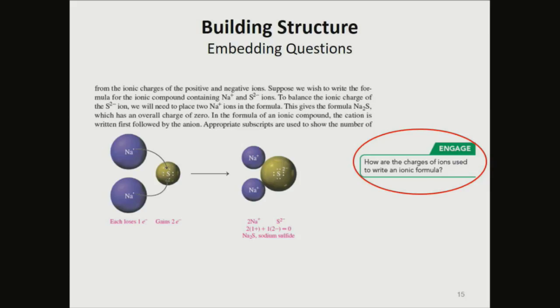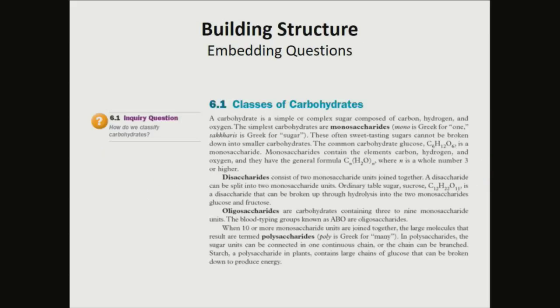Okay. So this is the page from my textbook, and I do the same thing, but I don't call it engage. At the beginning of each section, I have these things called inquiry questions, which are, again, embedded questions, so the student can be guided: this is what I'm supposed to be understanding about this section, in this case how we classify carbohydrates.